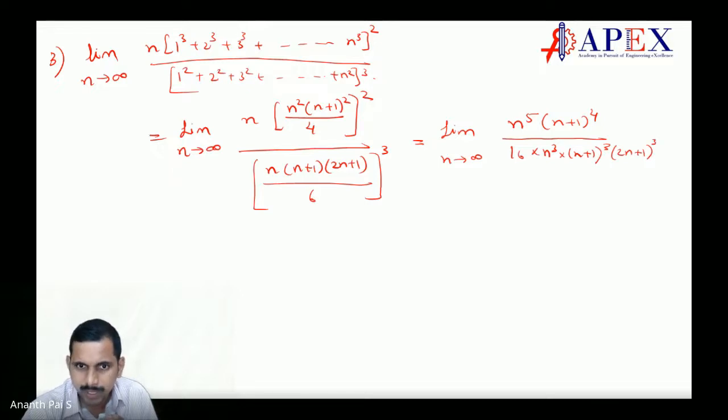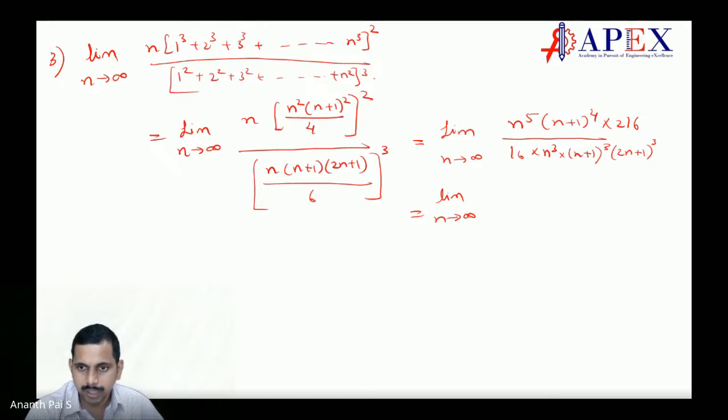And 6 cube is 216, which goes to the top. When you solve this, you can cancel when n tends to infinity. So when n tends to infinity, we'll cancel this, so this comes as n power 4, limit n tending to infinity.